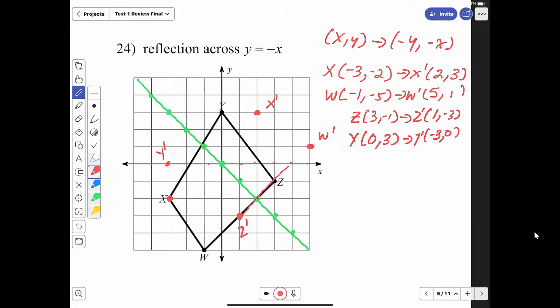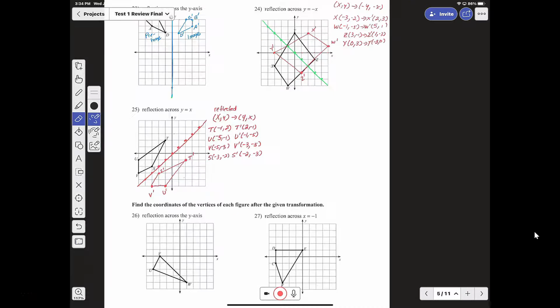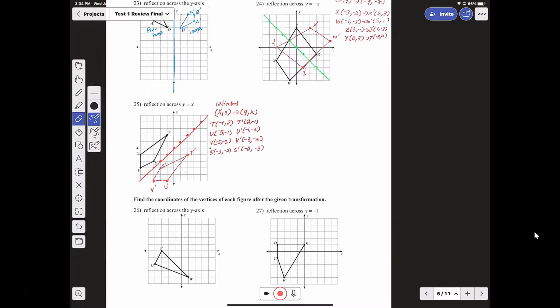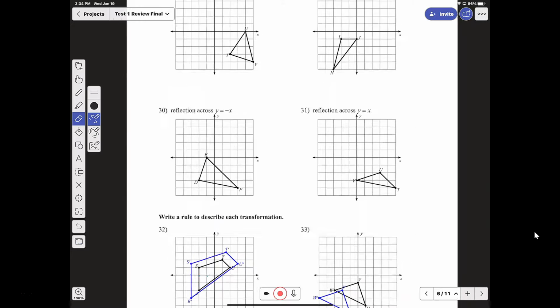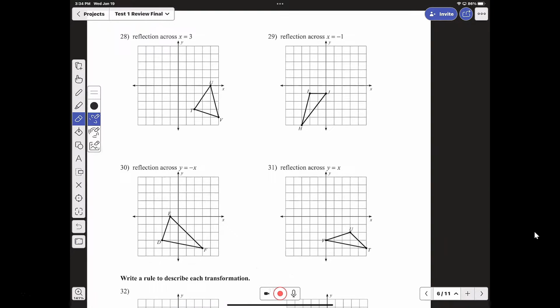So I'm going to connect the points. And that image is reflected over y equals negative x. So there's some more examples there that you can do on your own.